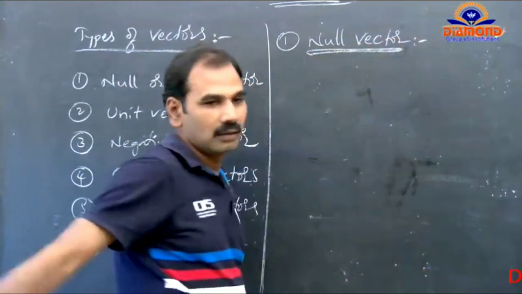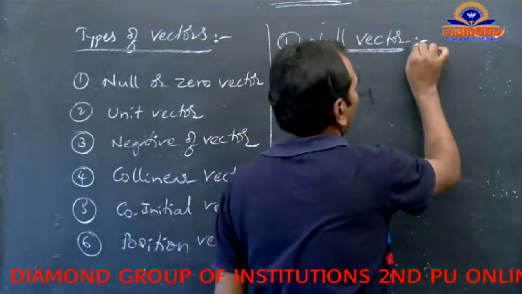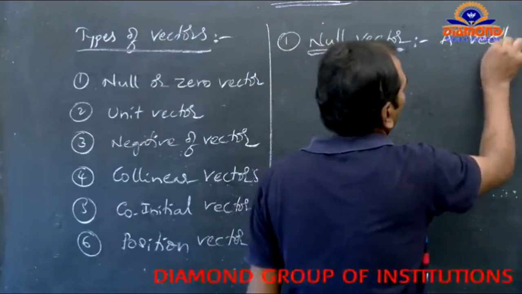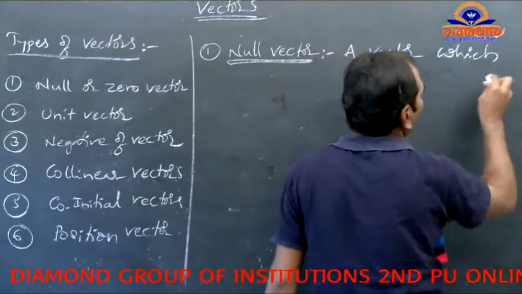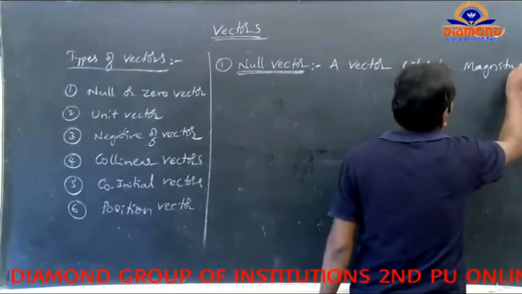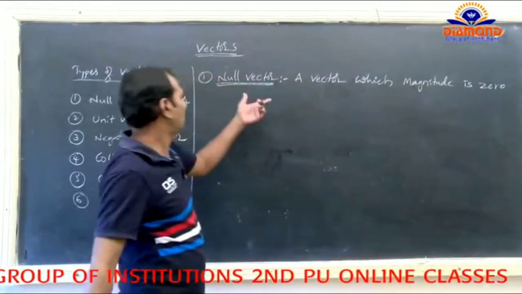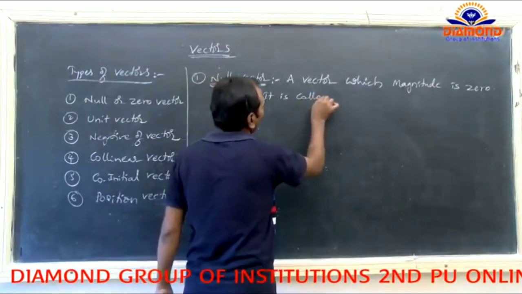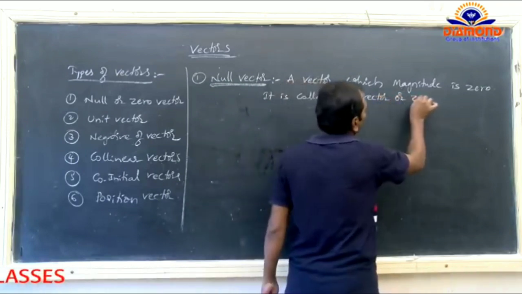Null vector: a vector whose magnitude is 0 is called a null vector or zero vector.